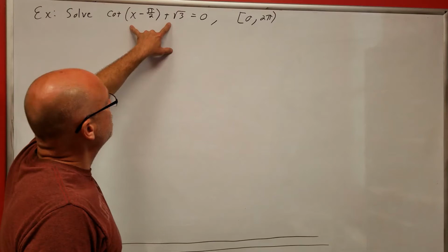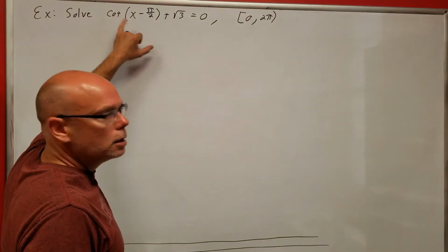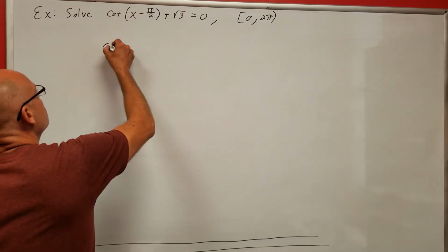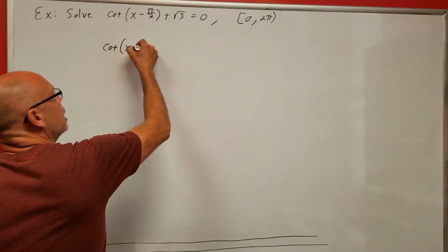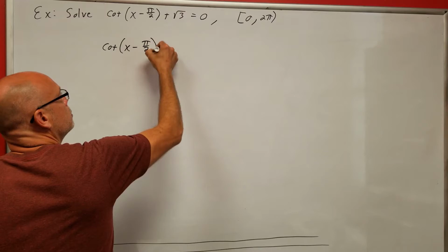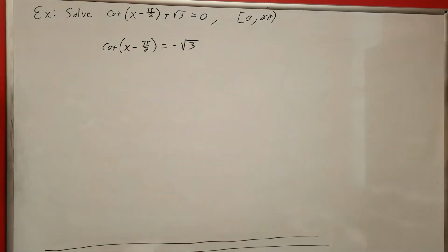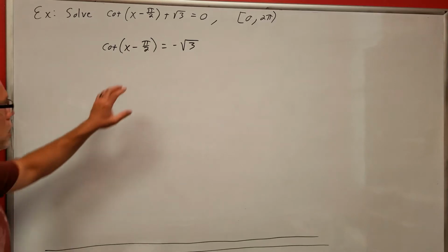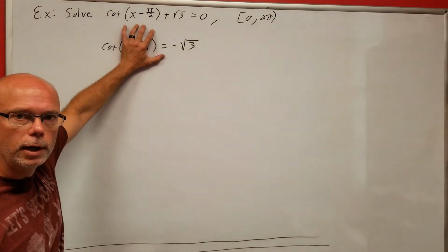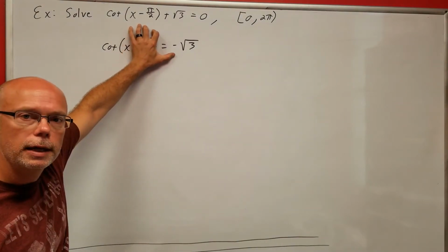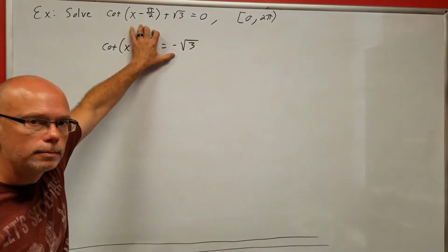So what I do is I take this and I solve for cotangent. So I'm going to subtract square root of 3. So I have cotangent of the argument, x minus pi over 2, is equal to negative square root of 3. Now, what you do is you just treat the argument as one part right now, okay? You say, where do I have a cotangent that is negative square root of 3?